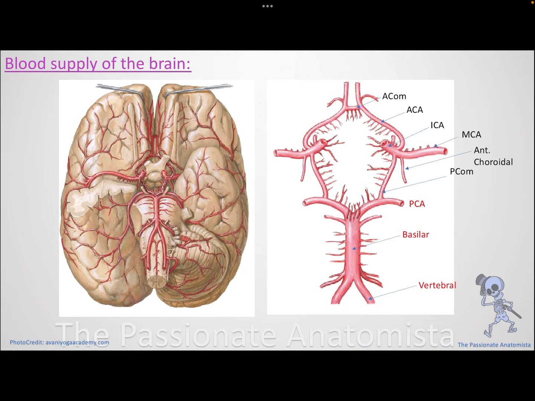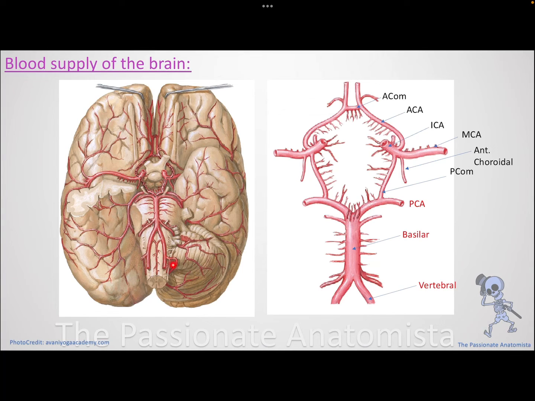Now, coming to the last part of this video, which is the blood supply. You guys remember that we talked about the blood supply in the first video of the brainstem, and we said that we have two vertebral arteries, and these two vertebral arteries give the PICA, posterior inferior cerebellar artery, to the inferior surface of the cerebellum, and then they go ahead and unite and give the basilar on top of the pons.